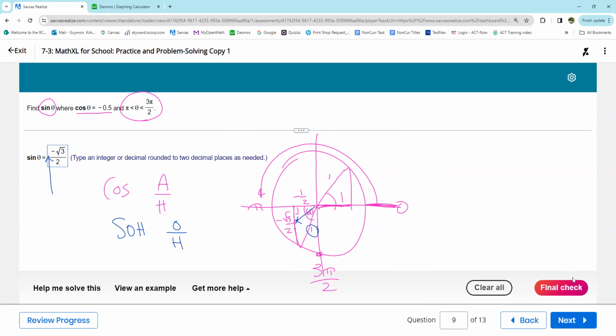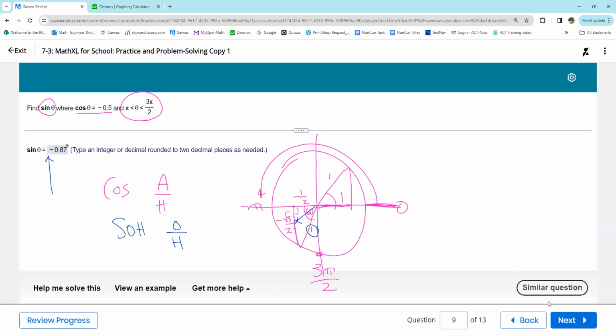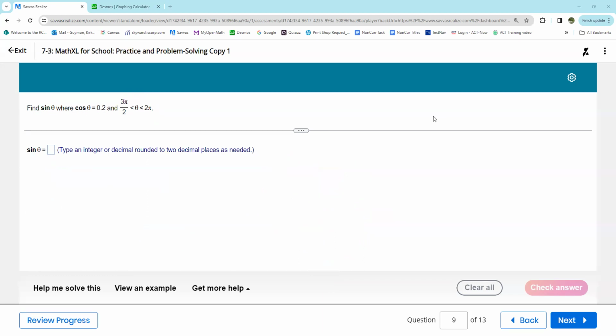I'm going to do a final check to see what it's talking about. Oh, round it. Oh my goodness. All right, let's get a new one. What are they doing saying round it when it could be an exact answer? That's weak sauce right there. That's all I've got to say about that. All right, let's do it in decimal.